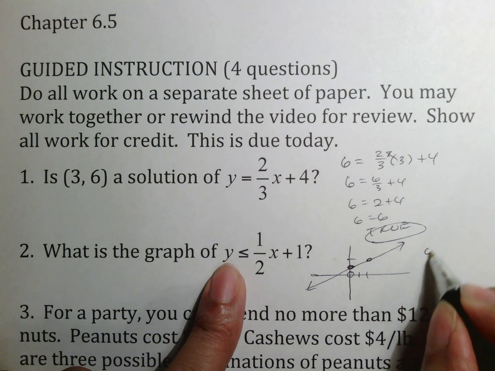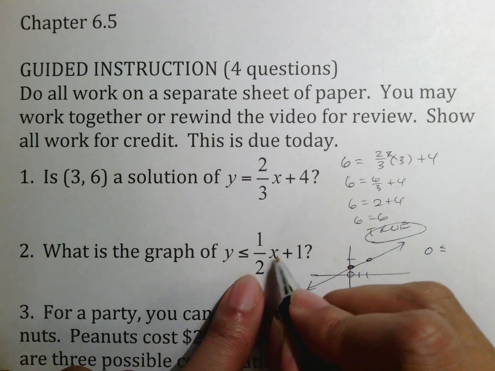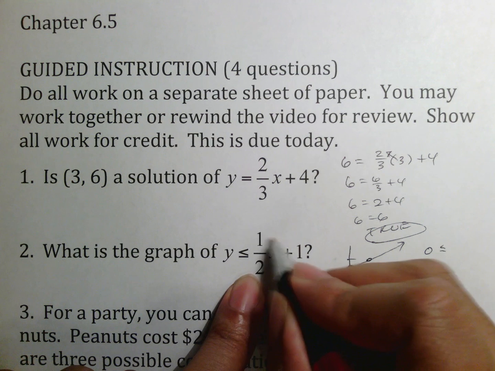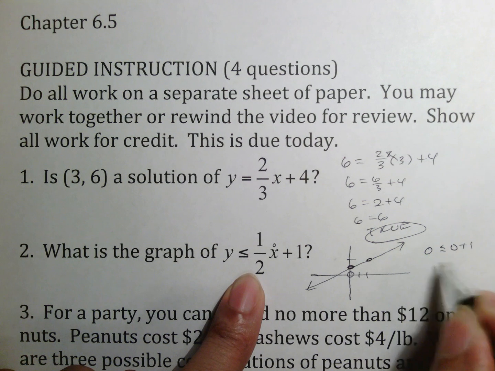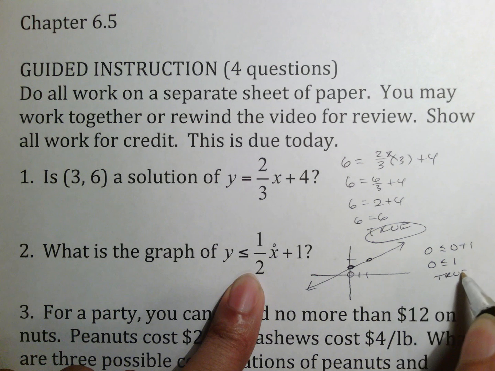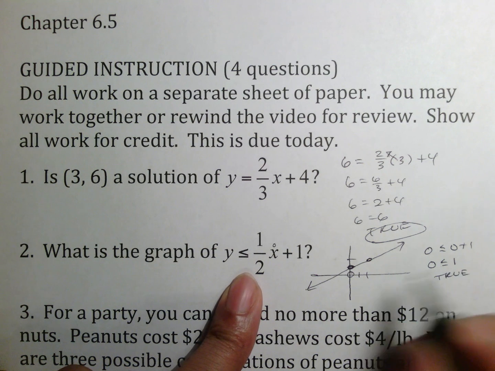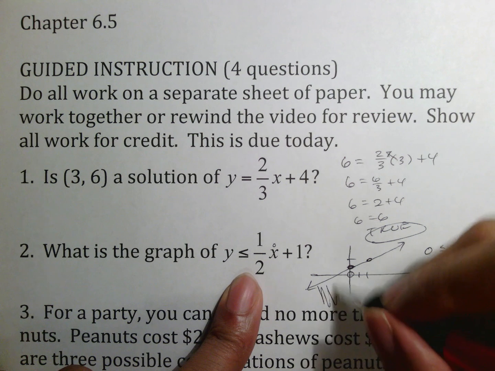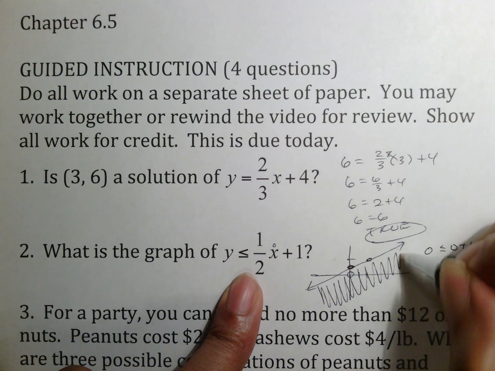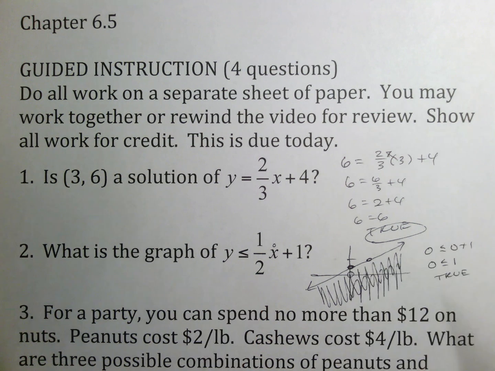When you put a 0 in for y and a 0 in for x, 1/2 times 0 is of course 0, plus 1, and you end up with a true statement because 0 is less than or equal to 1. Because this is true, you want to stay on that side of your graph and shade the bottom. Hopefully that's where you did your shading, so you can go ahead and get your points for that one.